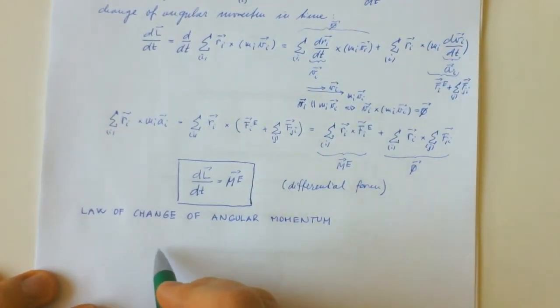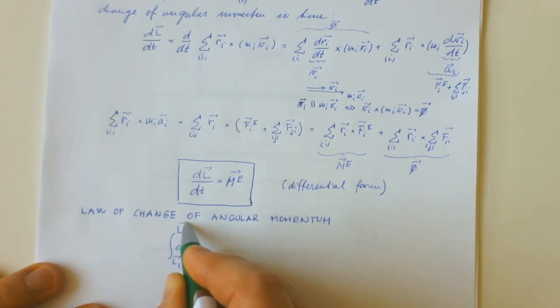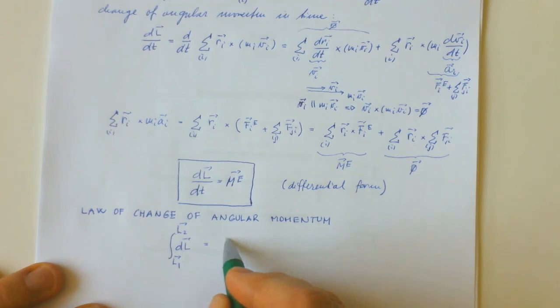And we can rewrite it also to integral form. So if we integrate this, we get the integral of dL from L1 to L2 equal to the integral of Me dt from time 1 to time 2.